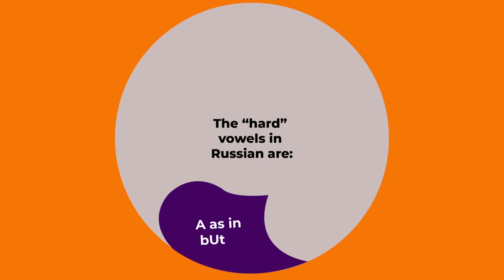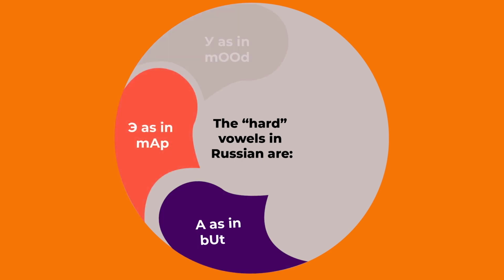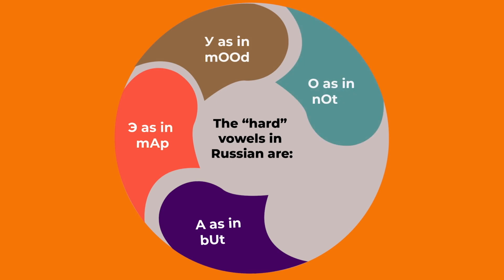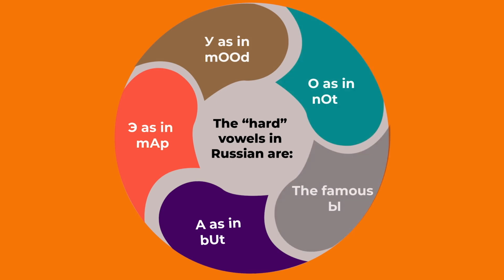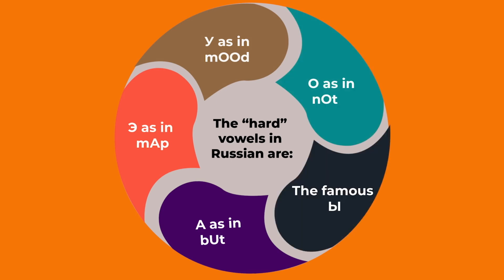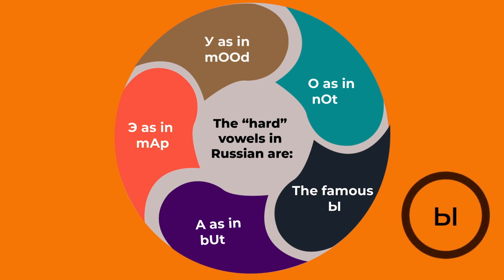A, E, U and O. And the famous letter which you can see is known as Y. It's a very peculiar sound found in the Russian language, and it does not have any equivalent in any other language of the world.